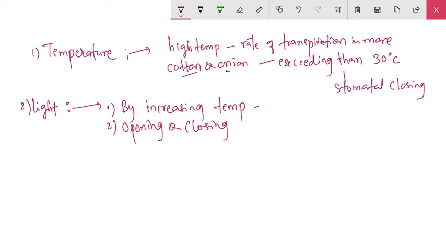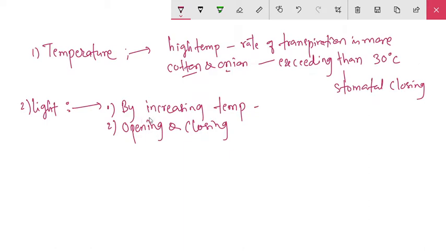As the light intensity increases, the temperature increases, and as the temperature increases, the rate of transpiration also increases. When there is low light or diffuse light, the temperature is also low, and ultimately the transpiration is also low. When there is high light intensity, there is high temperature, which increases the rate of transpiration. And when there is very high light intensity and very high temperature, it causes stomatal closing.